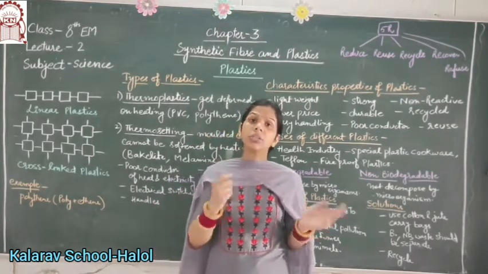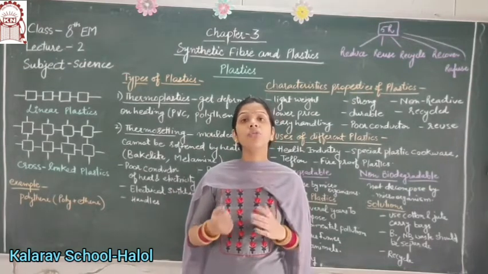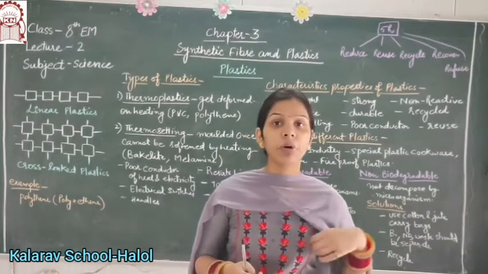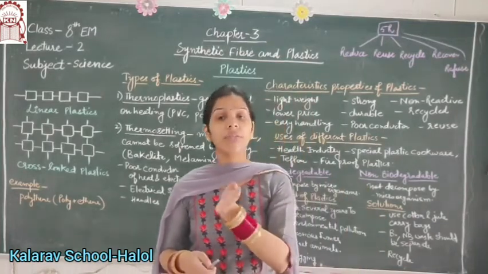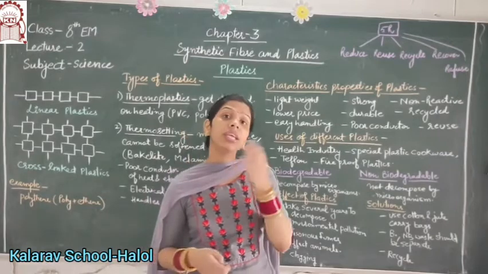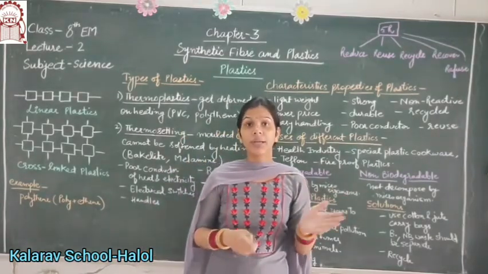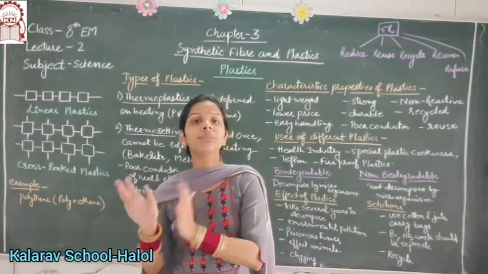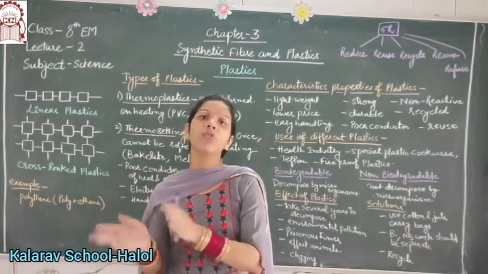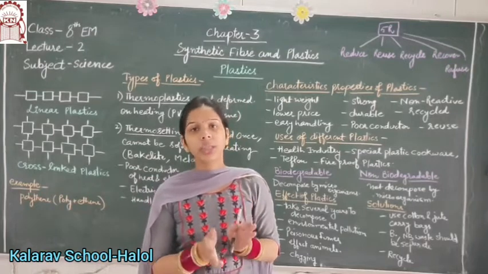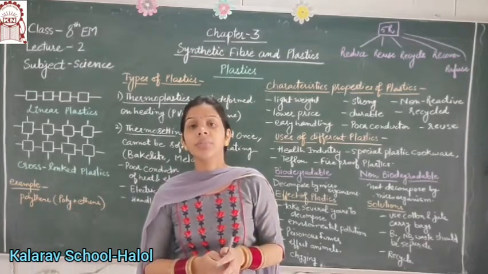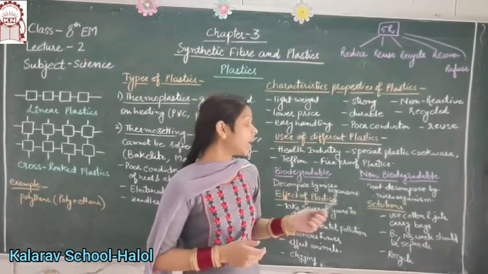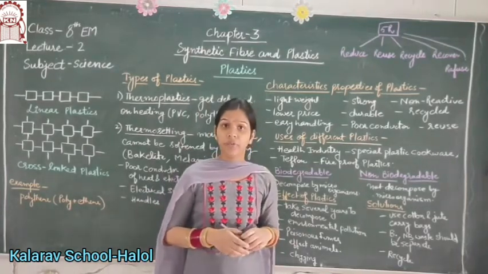So in turn, we have to find some solutions so that we can get rid of these types of effects which affect our environment. In spite of the uses of plastic, there are some drawbacks. To overcome these drawbacks, we have to find some solutions. There are a number of solutions provided.